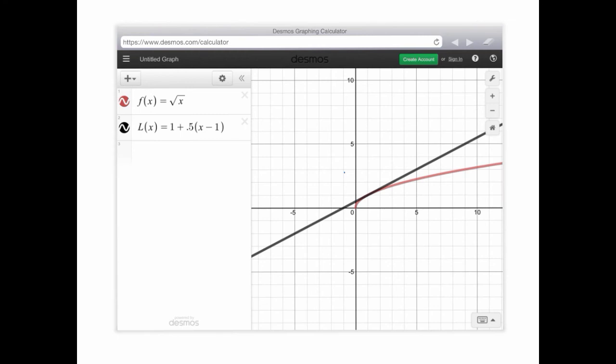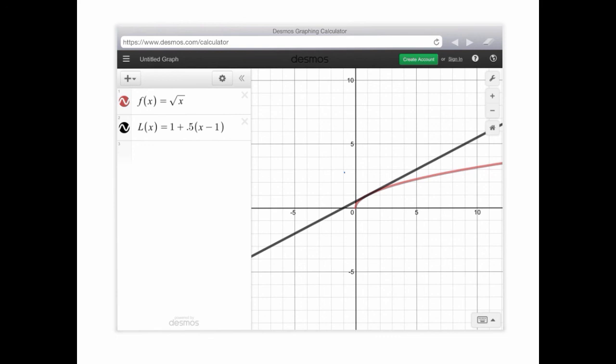All right, so here I've got square root of x and the linear approximation to f of x at the point (1, 1). And so obviously the black is the tangent line. The point I want to make is if you zoom in, you can start seeing that they become pretty much indistinguishable. At this point, you can't even distinguish them.